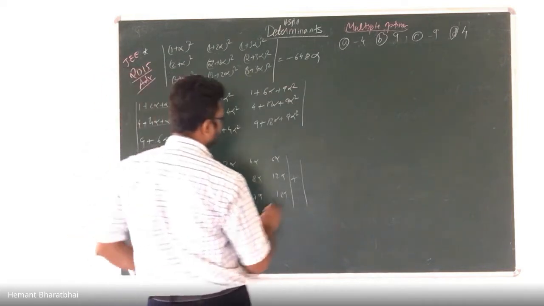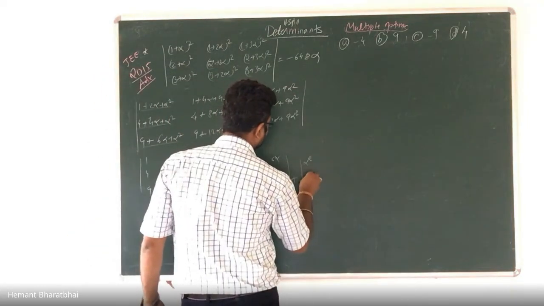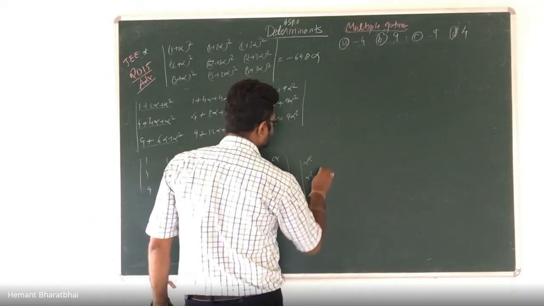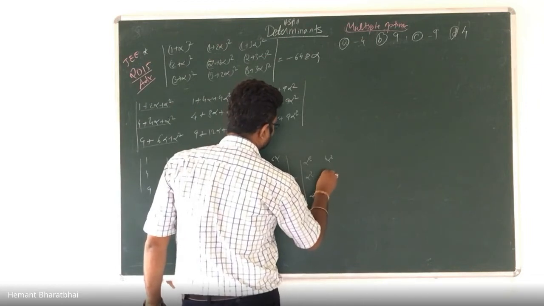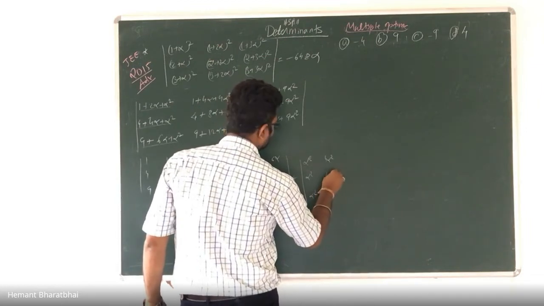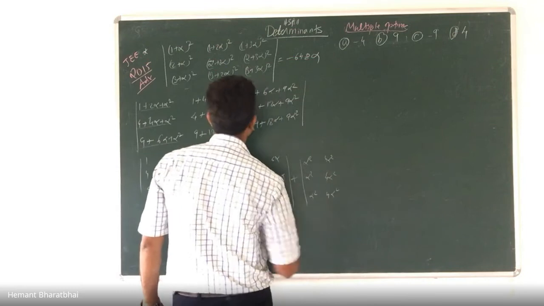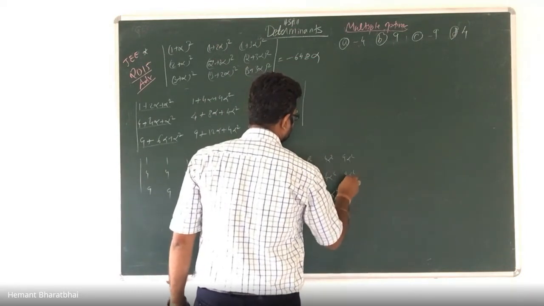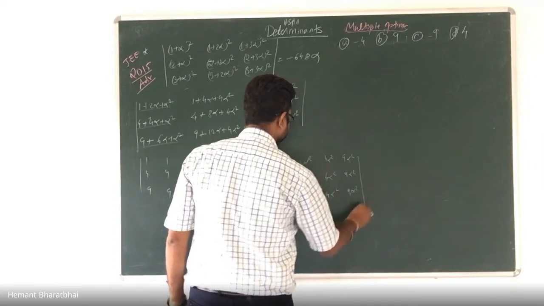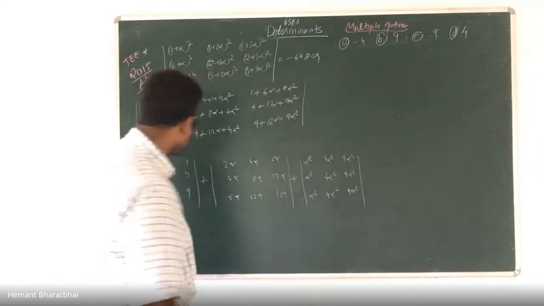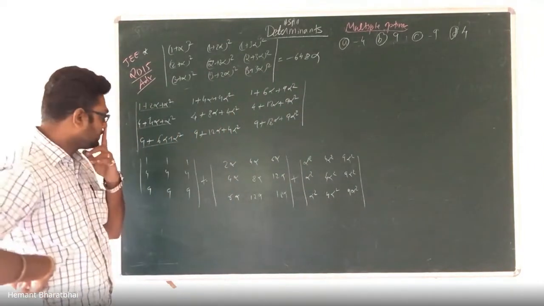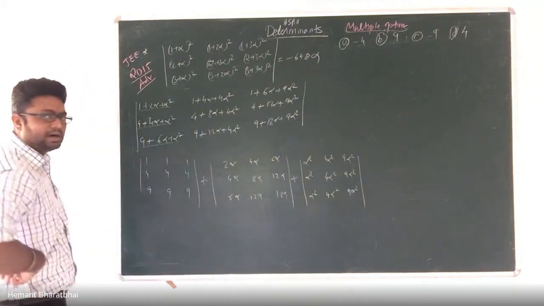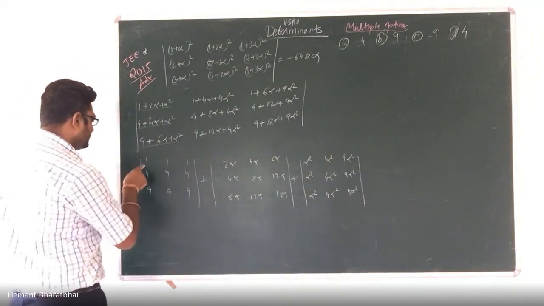Plus, I can write alpha square, alpha square, alpha square. Here also 4 alpha square, 4 alpha square, 4 alpha square. And here 9 alpha square, 9 alpha square, 9 alpha square. Now if two rows or columns are common, then the determinant is 0.